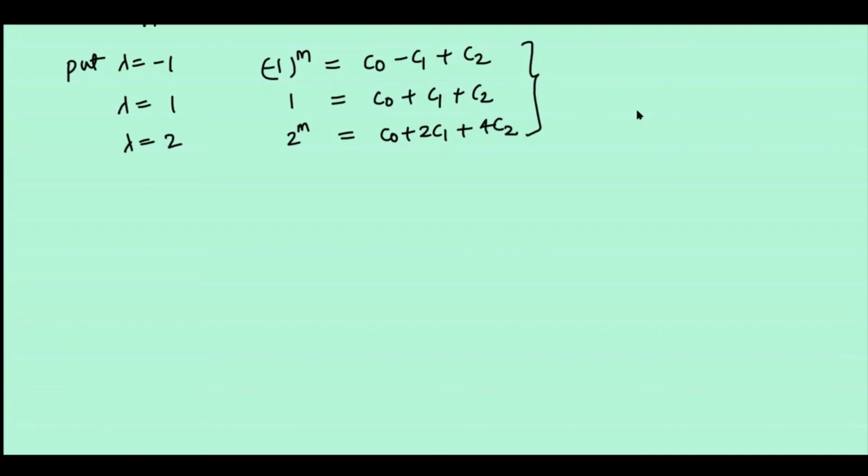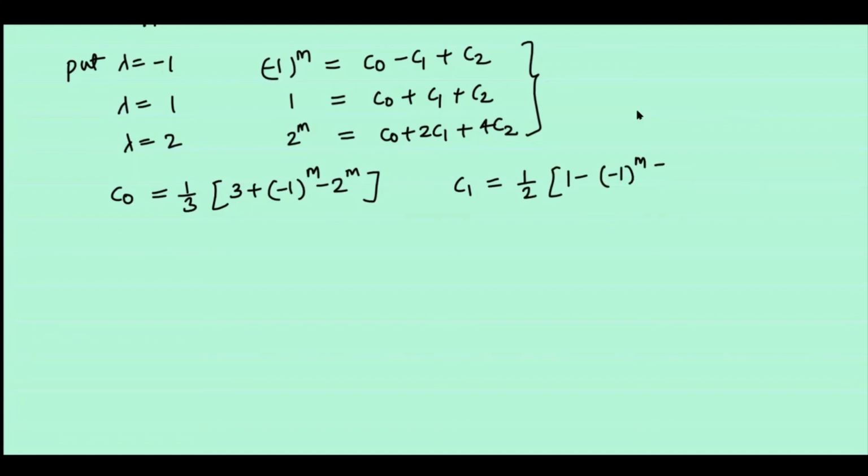Solving these three equations, we will get C0 is equal to 1/3 [2 + (-1)^m - 2^m], and C1 is equal to 1/2 [1 - (-1)^m], and C2 we will get as 1/6 [-3 + (-1)^m + 2^(m+1)].